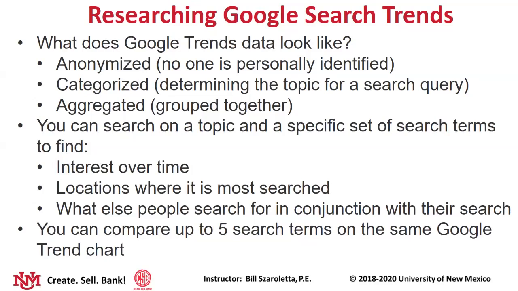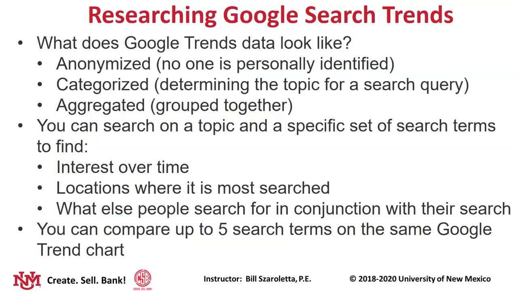And then a really important one is you can find what else people search for in conjunction with their search. They've just typed this in, but you can see that people have similarly typed in other things. And this helps with, it kind of goes back to stemming, but it also helps you to think about how to get people to get to your web page when they put in data into the search engine.